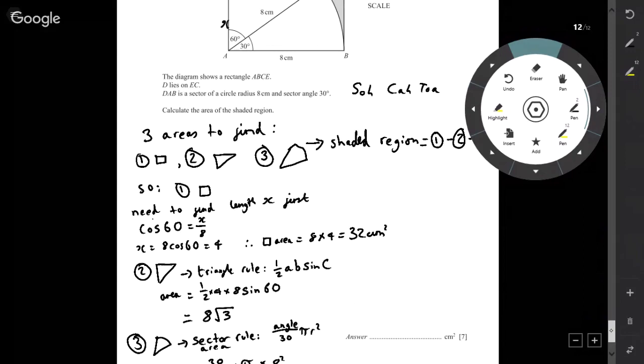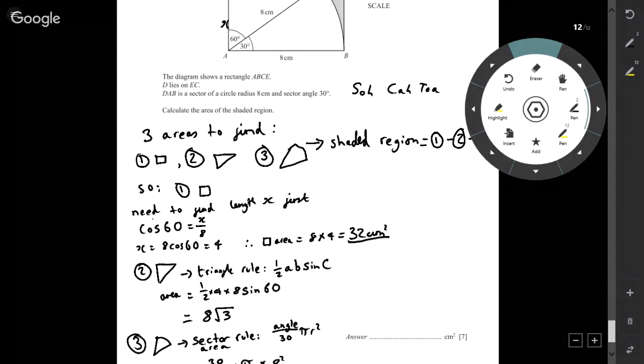We know that the angle is 60, so we're going to use cos because we've got the adjacent and the height. That's what we're looking for. So we just stick that all into there. We find that x equals 8 cos 60, which equals 4. So that's the length of x. So the area of the rectangle is 8 times 4, which is 32 centimeters squared.